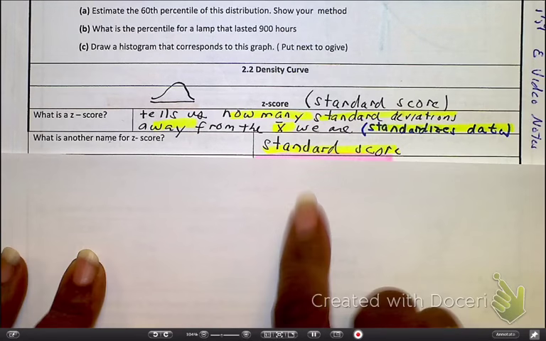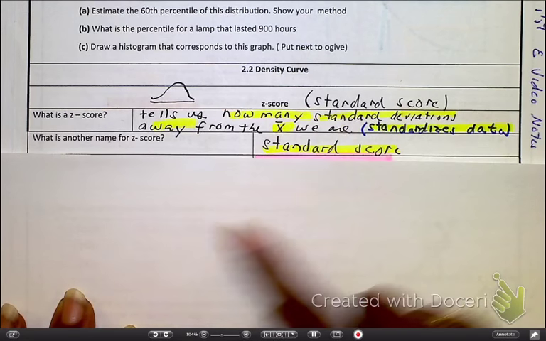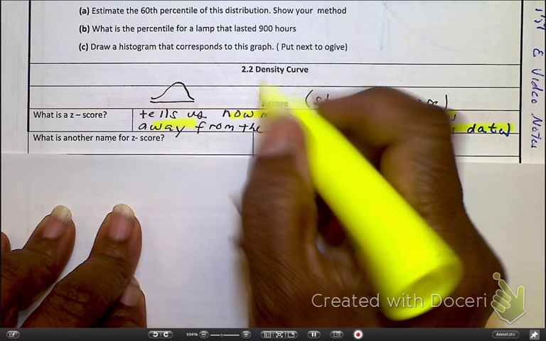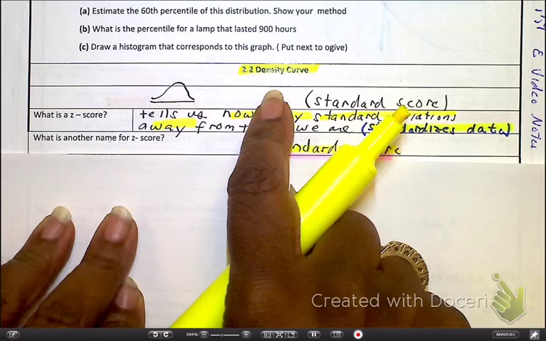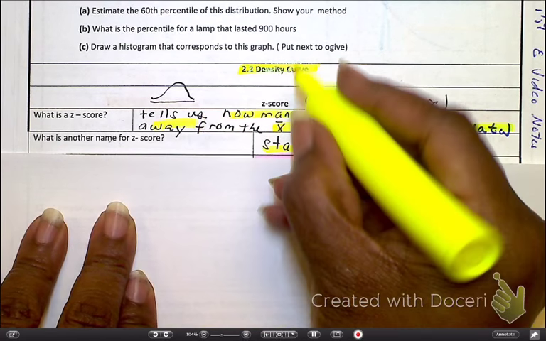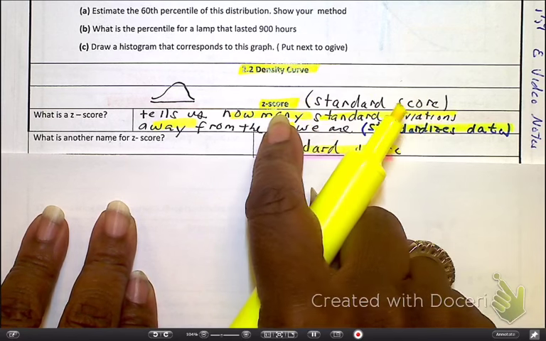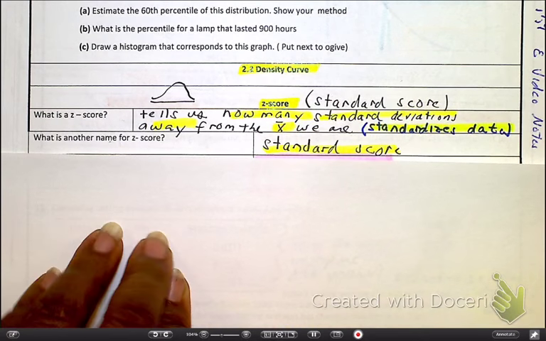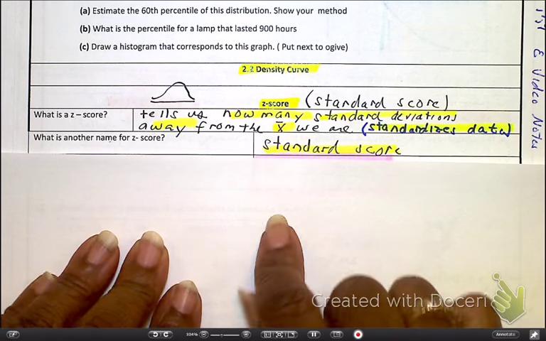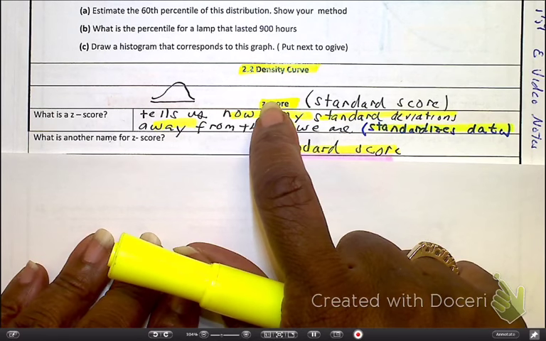Now, I just want to remind ourselves, or go over really quickly, what I did on the previous video from last night, density curve. When it comes to the density curve, the one I'm most concerned about is the z-score. In our statistical analysis, when we are doing hypothesis tests and finding probability, we are always looking at the z-score.